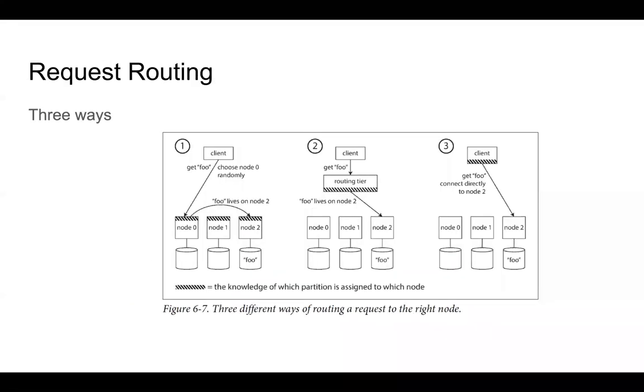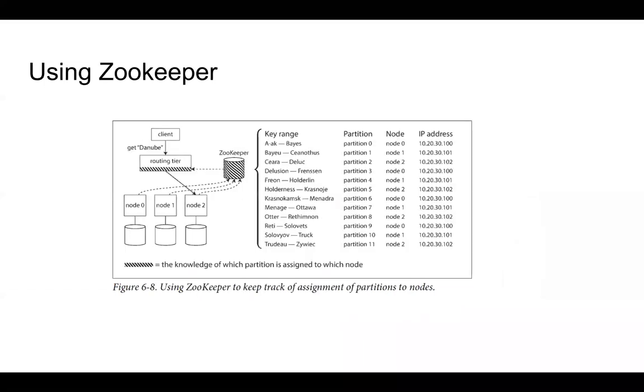As we discussed earlier, regarding how service discovery would happen, many storage systems use Zookeeper for service discovery. Zookeeper stores the cluster metadata: this is a key range, this is the partition, and this partition is on this node.